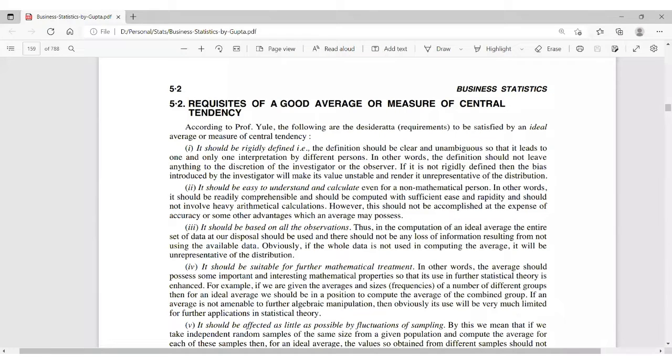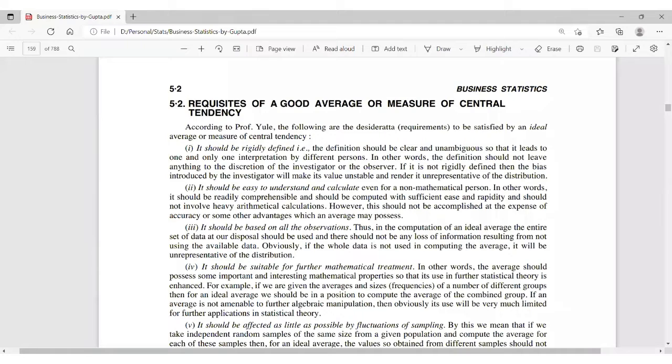Requisites of a good average. According to Professor Yule, the following requirements should be satisfied by an ideal average of central tendency. It should be rigidly defined. That is, the definition should be clear and unambiguous so that it leads to one and only one interpretation by different persons. In other words, the definition should not leave anything to the discretion of the investigator or the observer.